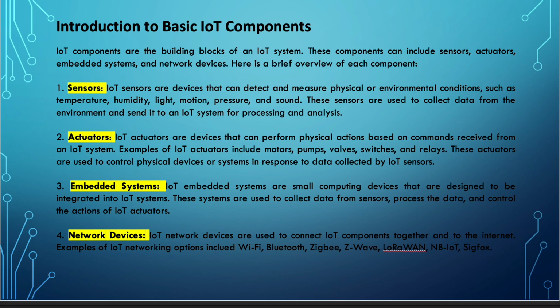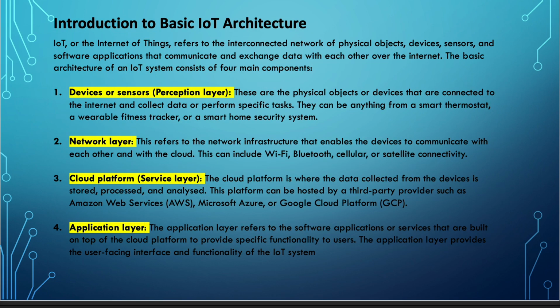In these basic components, we talked about sensors, actuators, embedded systems, and network devices. The first layer, the device or sensor or perception or physical layer, whatever word you use, is about the physical component. In the Internet of Things, it is the thing, the hardware device.